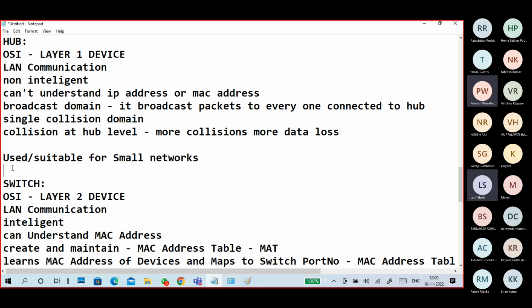We don't use 10, 20, 30, 40 devices. Why? Because it's a broadcast. Lesser the devices, lesser the collisions comparatively. Compared to 10 systems, 3 systems will give you fewer collisions and less data loss.